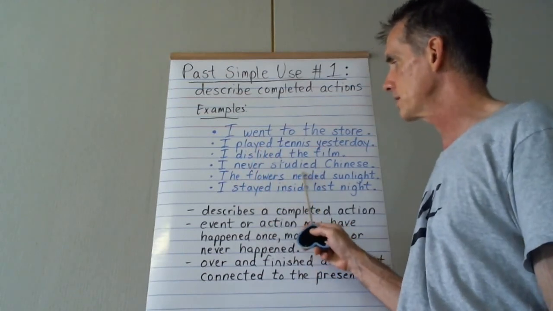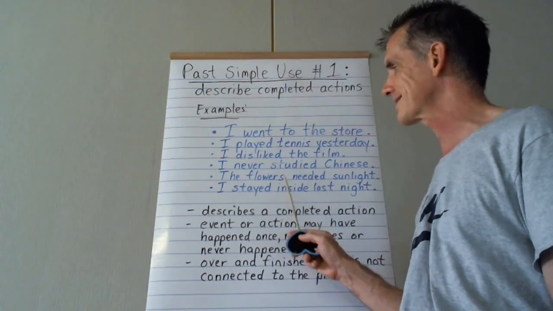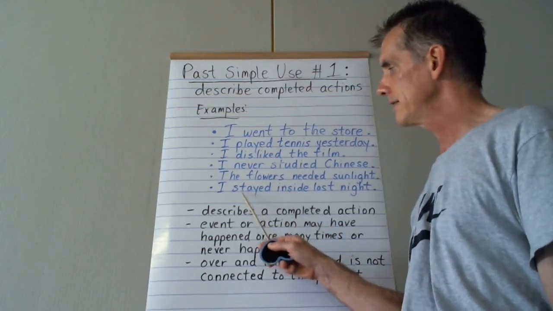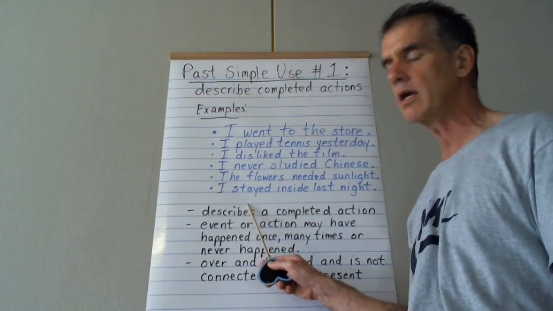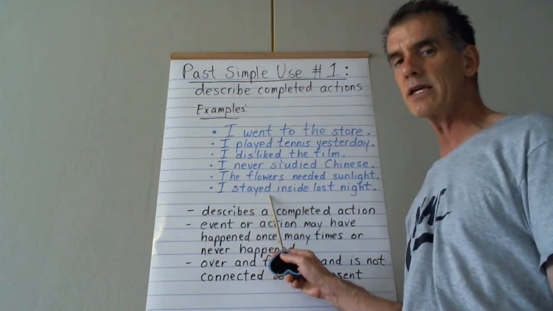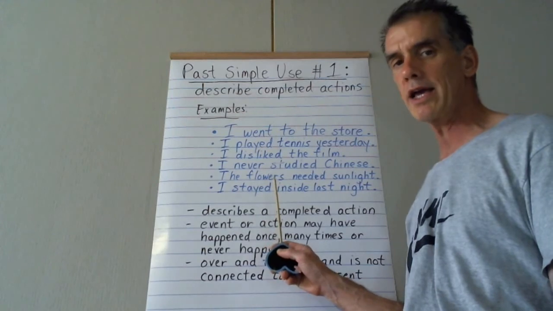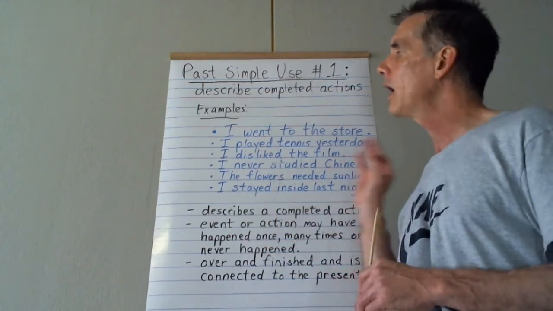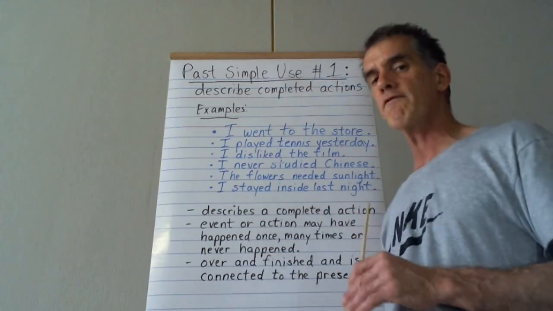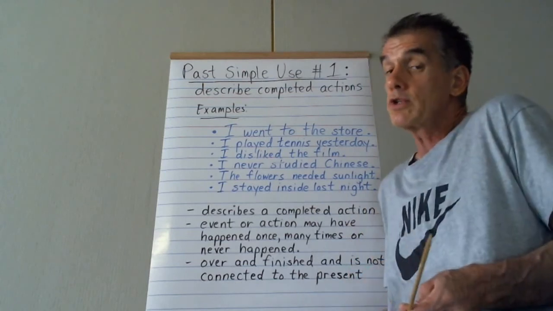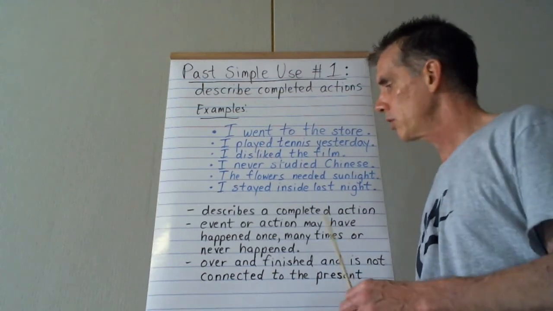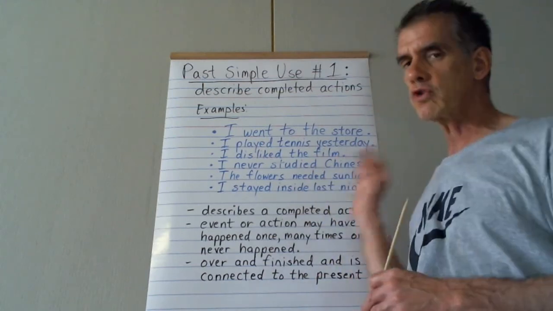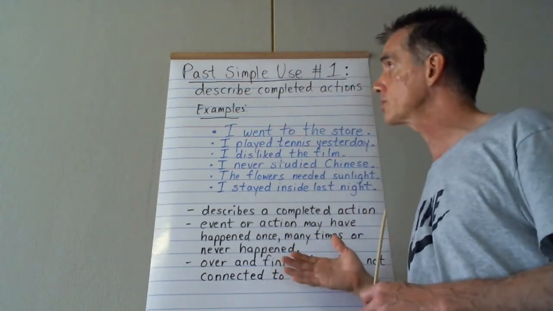There are some spelling changes with verbs like studied, okay? And then stayed is unusual because stay ends in Y, but you just add ED. You don't change Y to I and add ED. So the irregular verbs in the past tense, you just have to get used to how to write them and how to spell them. Okay, so just watch this again to get used to use number one.